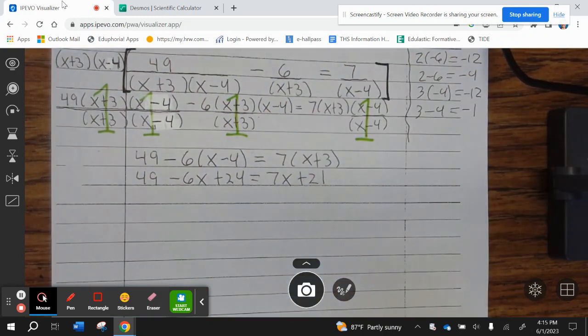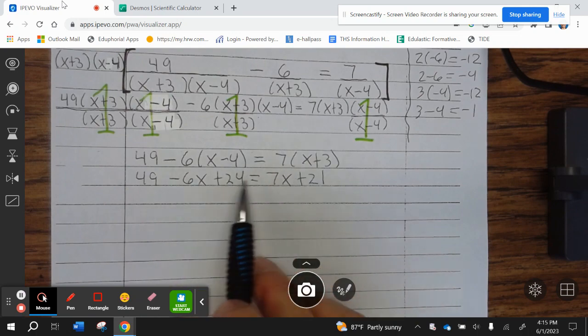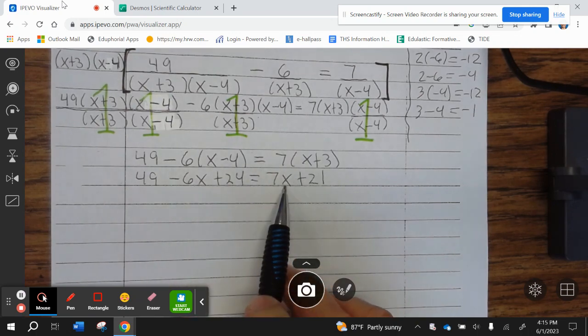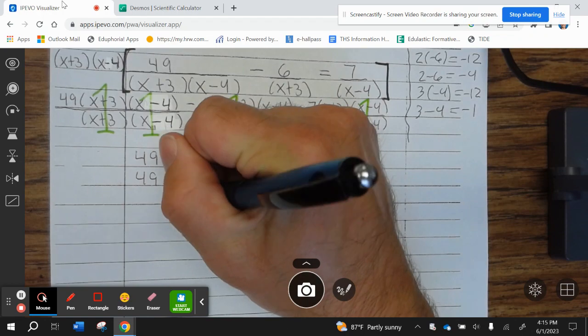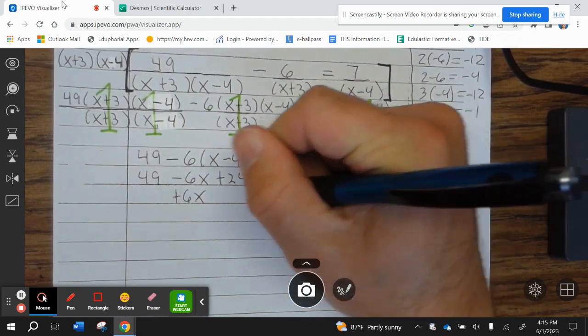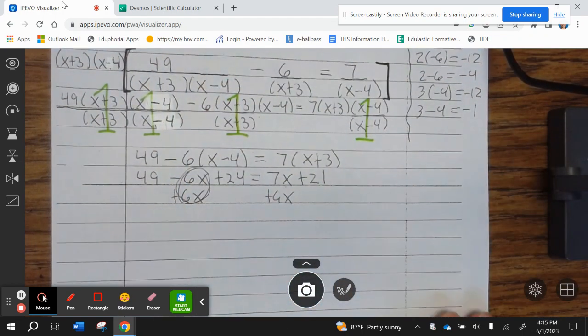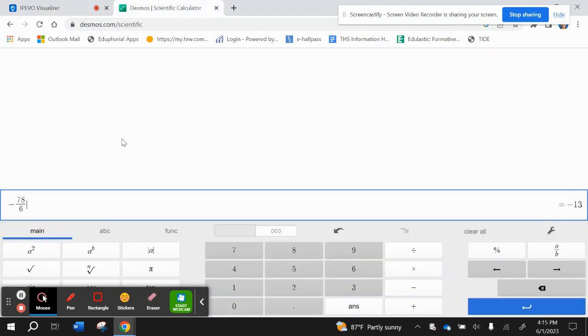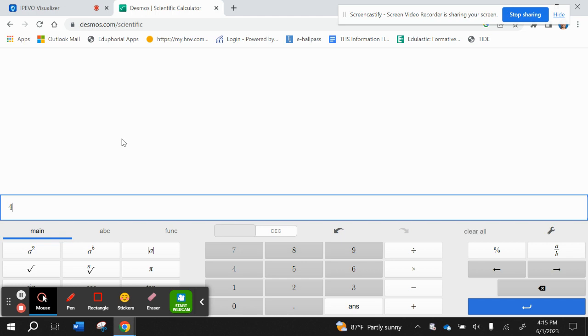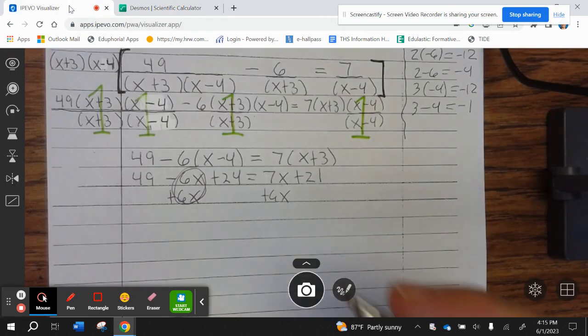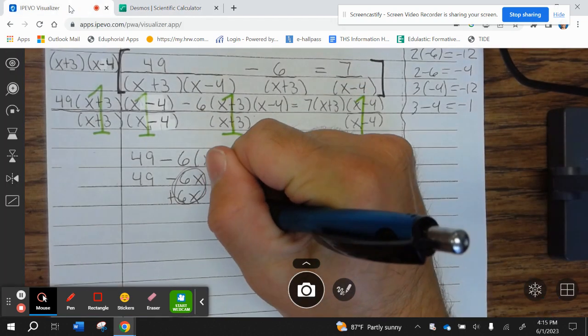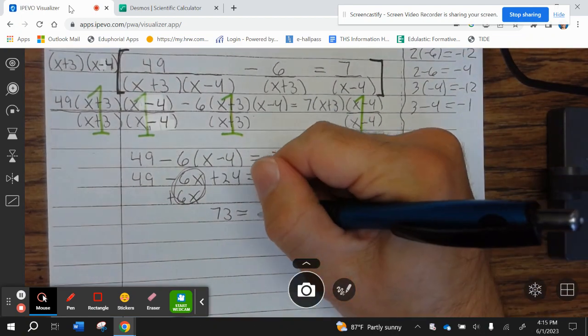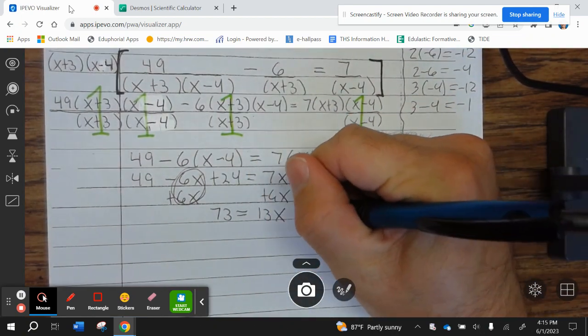Now anytime you have x's on both sides, you take the smaller x and move it to the other side. So we're going to add 6x to both sides. This becomes 0. We can go ahead and do 49 plus 24, which is 73. So 73 equals 13x plus 21.